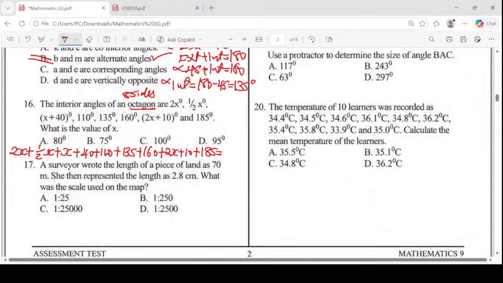This should give you the sum of interior angles, which is obtained by taking the measure of one interior angle, 135, times the number of sides, which is 8.